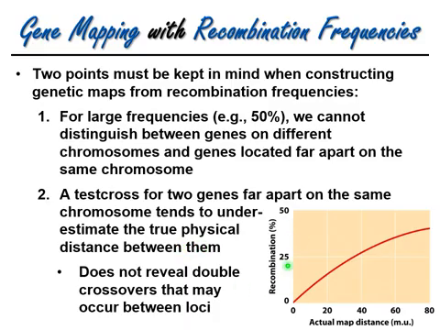And so here is just a graphical representation of that, the actual map distance versus the recombination frequency. Now, if it was accurate, then this would be purely linear, right? You'd have a linear slope, slope of 1. But it turns out that as the actual map distance increases, the recombination frequency tends to level off, right? And so that means that it's going to underestimate the actual map distance.